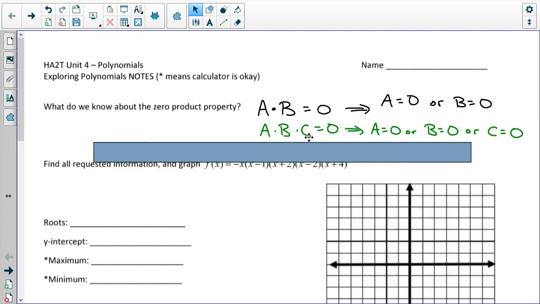That also applies if we have more than two things multiplied by each other. So if I have A times B times C equal to 0, that means that A is 0 or B is 0 or C is 0.